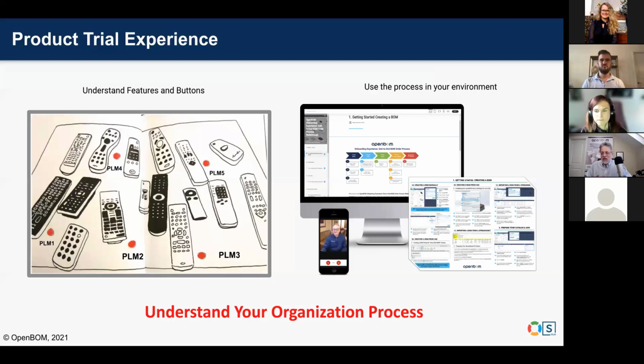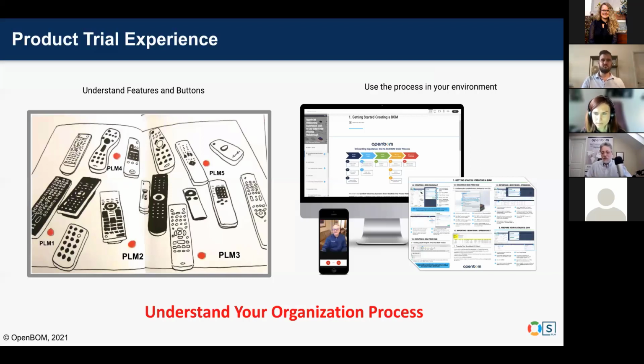They can not only see and read about this, they can also analyze their own data, see their own data in the system, and they come to this aha moment of, now we understand what we need. So we encourage people through the trial to come to an understanding of their processes.